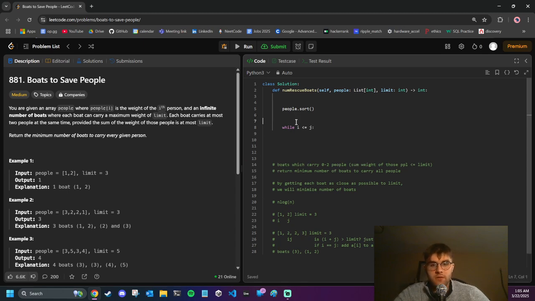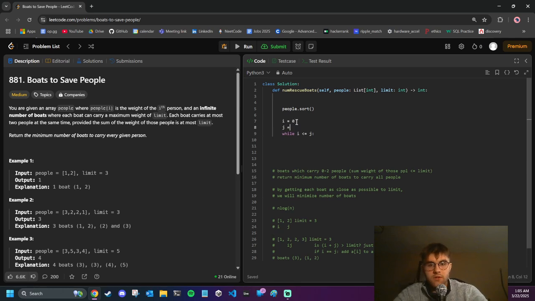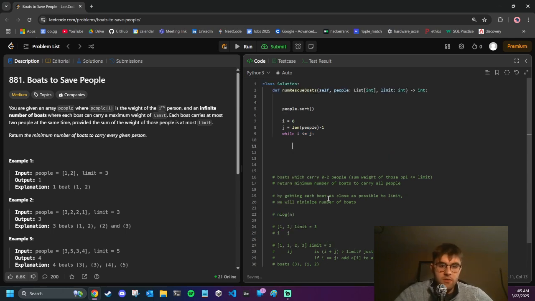And we'll set, of course, i equal to 0 and j equal to length of people minus 1. So those are both our pointers. Now we're going to ask the question: is people of i plus people of j greater than the limit?